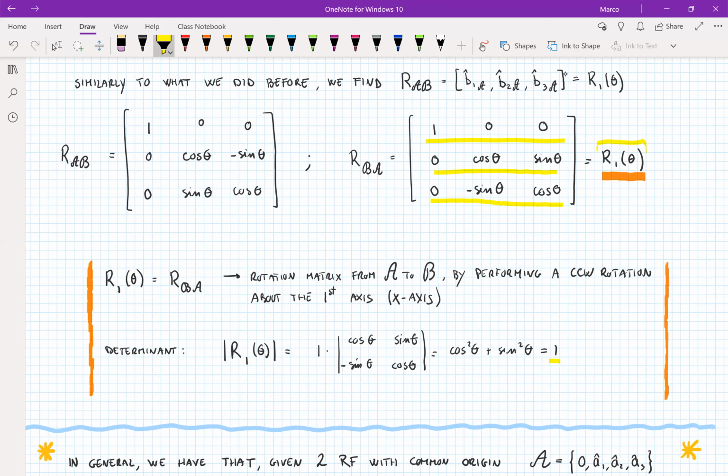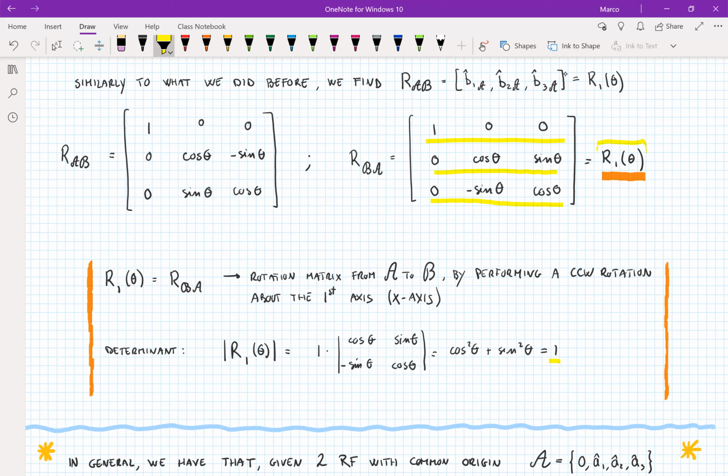Well, we can get to this more general rotation by applying three independent elementary rotations. And by independent, I mean that two successive rotations cannot be about the same axis.